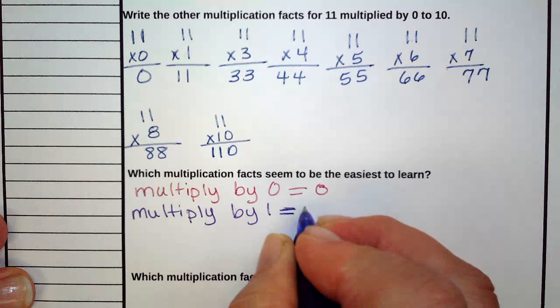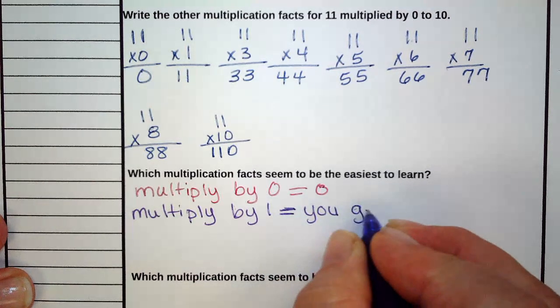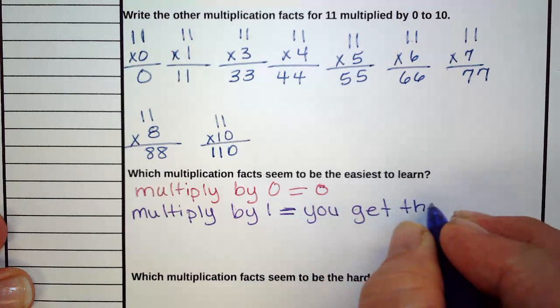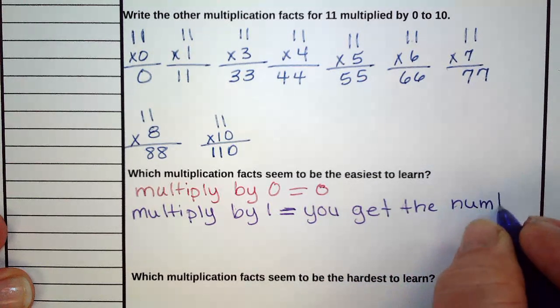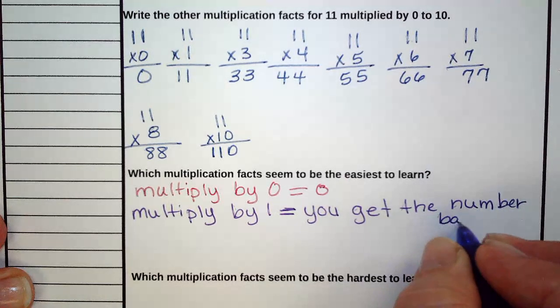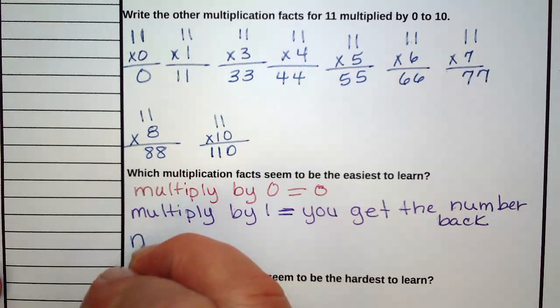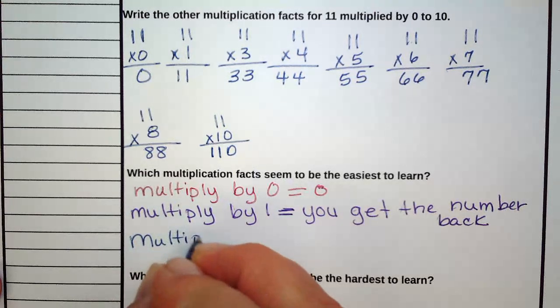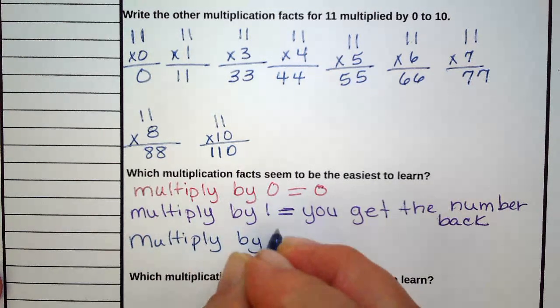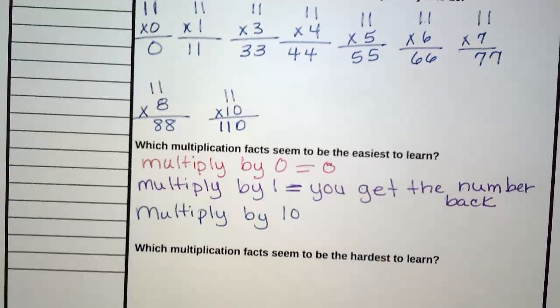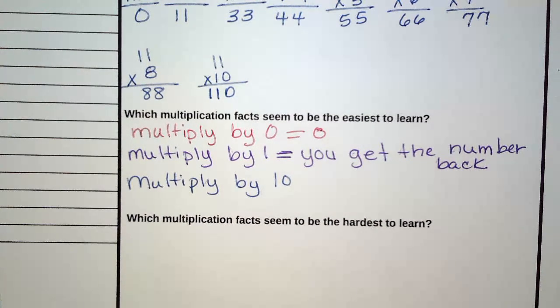You get the number back. Are there any others that are really, really easy? I'd say multiply by 10 because you just put that 0 at the end.